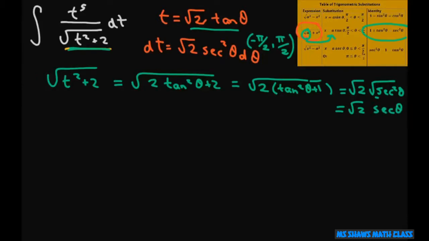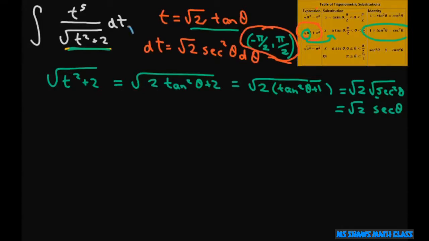You don't need to put the absolute value signs because secant is positive in quadrants 4 and 1, which is where we're restricted to because we're using inverse trig functions. So now we can do our substitution.